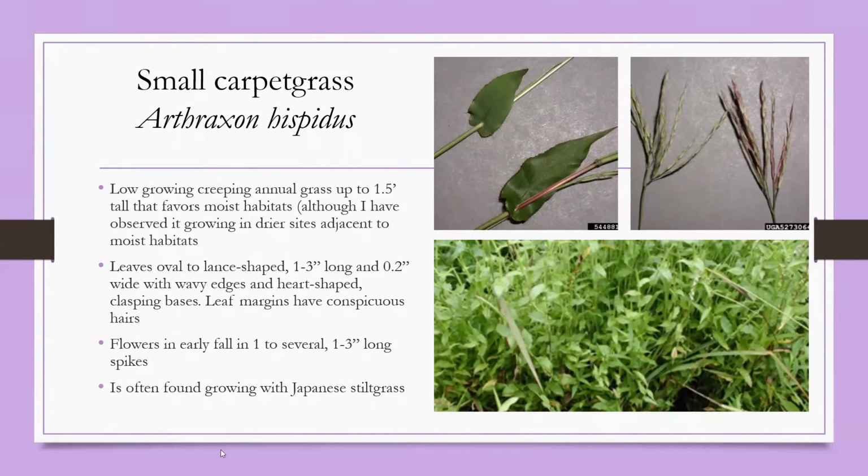So this one is a little bit different. It does not have a silver midrib. And the leaf is a little fatter and shorter than most other grasses. I've seen this reach 2.5 to 3 feet tall in thick infestations. And again, it just outcompetes everything and pretty much becomes a monoculture growing along with Japanese stiltgrass.